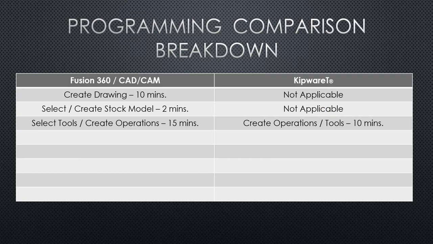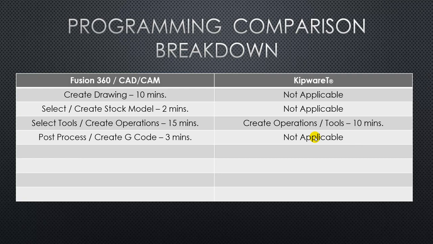Next, we selected tools and created operations, basically creating the toolpath and the operations to machine the part. About 15 minutes in Fusion360. And in Kipware T, this is basically the whole programming process, describing the operations, creating the tools. So the whole process of creating the G-code program in Kipware T was about 10 minutes.